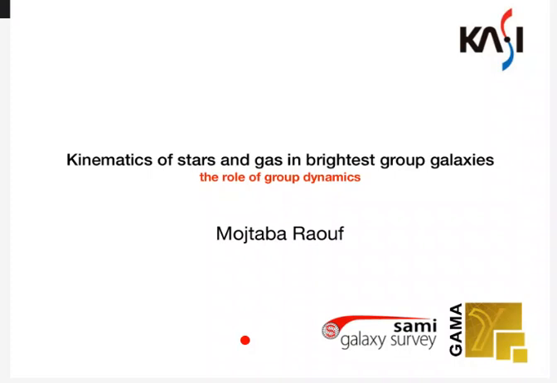In this study, we're using observational data from the SAMI and GAMA surveys, and we have lots of collaborators from these two big surveys, and also some of the staff working in the consortium.